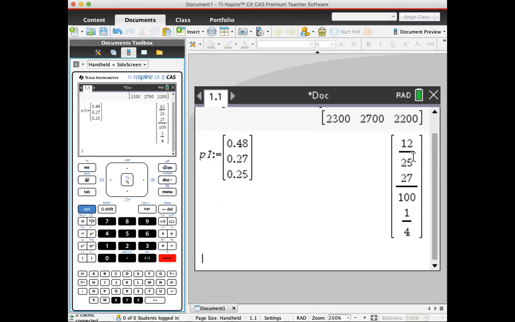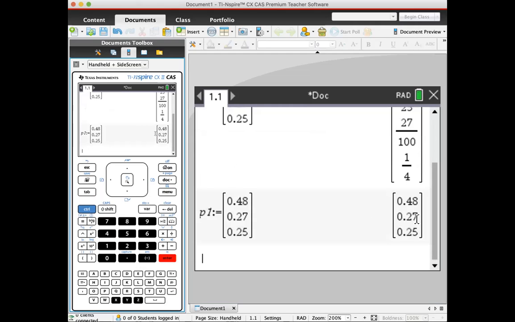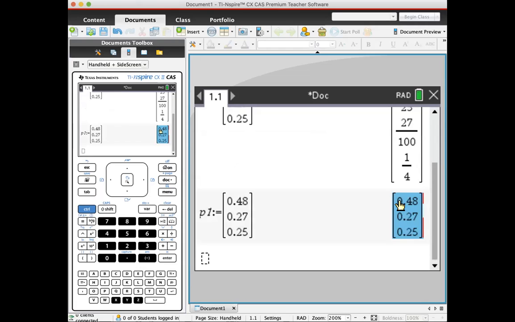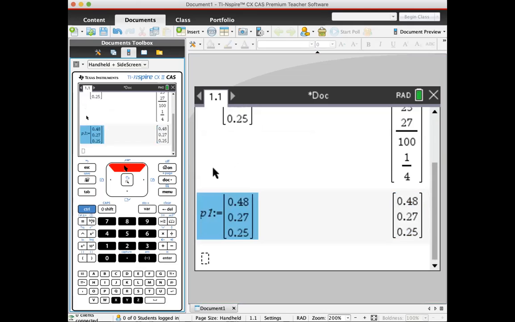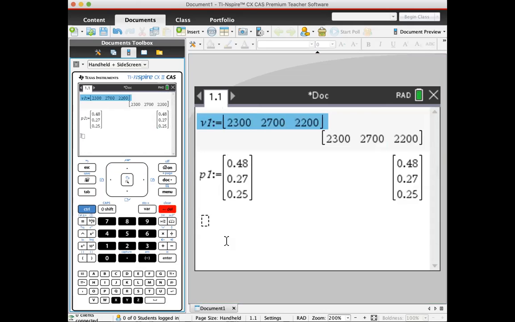Don't worry about the fractions because, as I said, I'm teaching Methods primarily, and my CAS setting is on the exact mode. So if you press Control Enter, you will see the output will be converted into decimal form, okay? So let's get rid of the previous line and keep going.